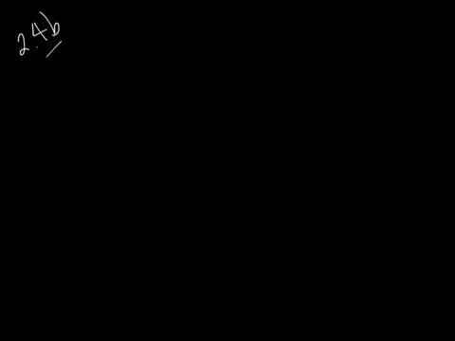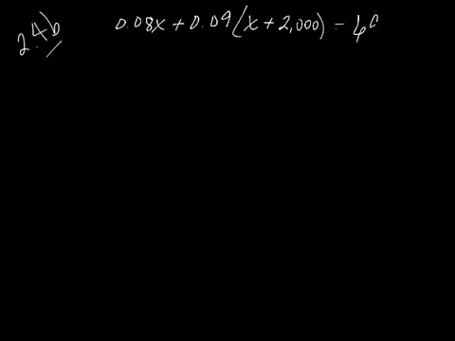So if we have 0.08x and we're adding 0.09 times x plus 2,000, and I say that equals 690. Okay, so again, what we're going to do is we're going to do our distribution first. So we're going to distribute that 0.09.